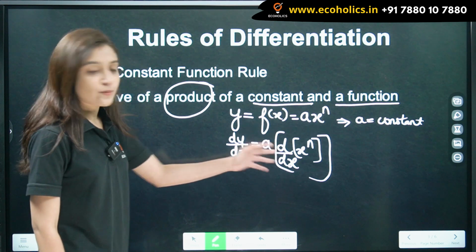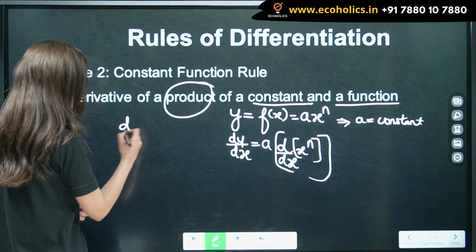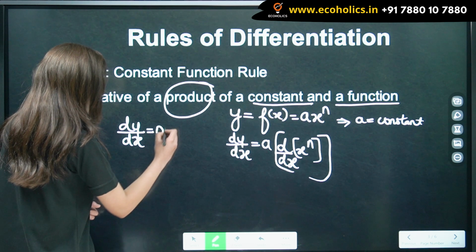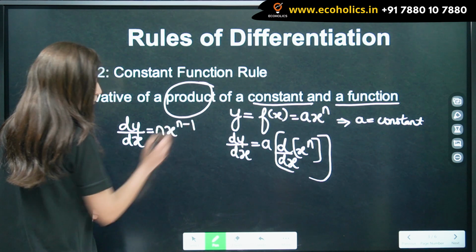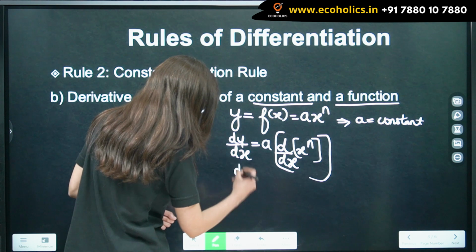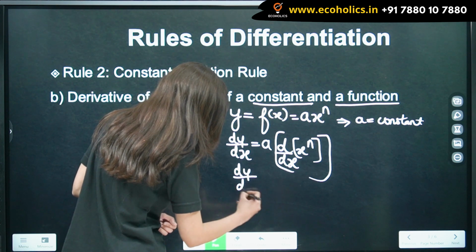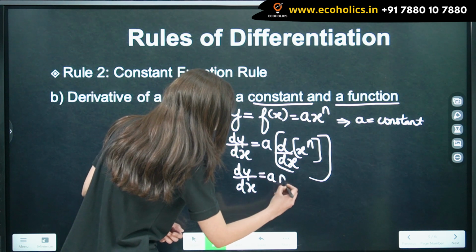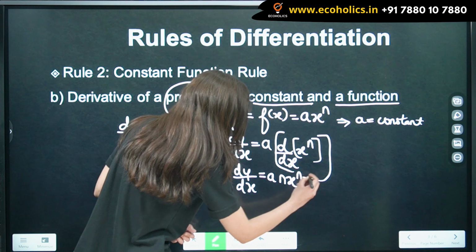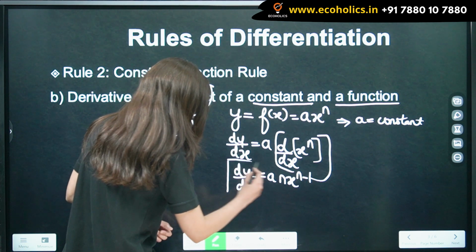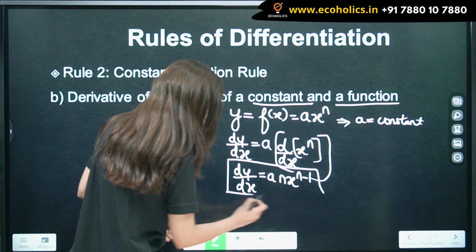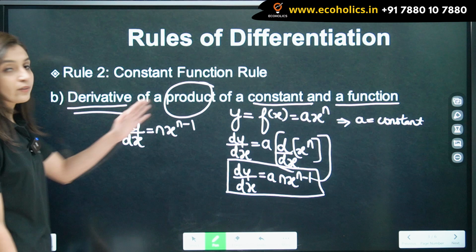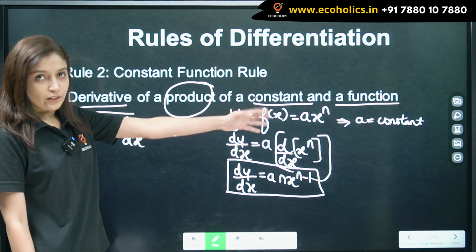In our previous video, we have seen that differentiation of x raised to n is n x raised to n minus 1. So, in this case, our derivative becomes equal to a n x raised to n minus 1. So, this is the derivative when we have a product of a constant and a function.